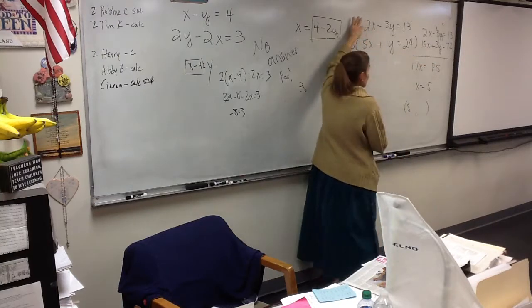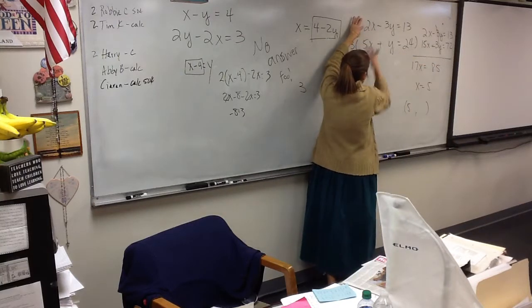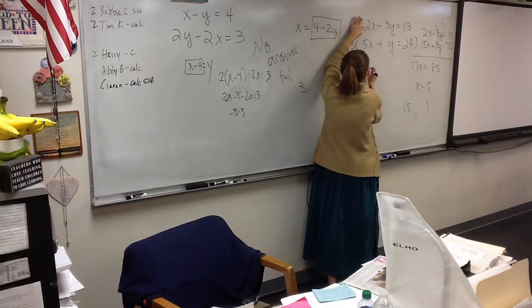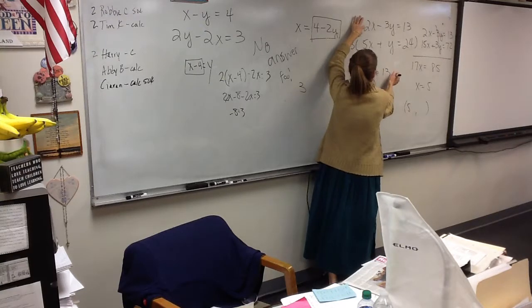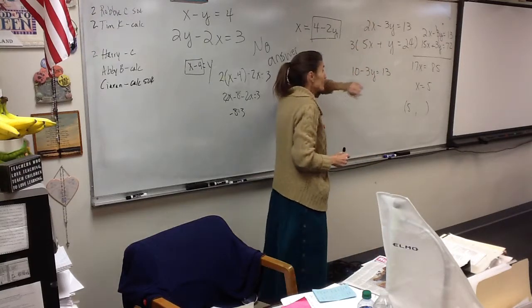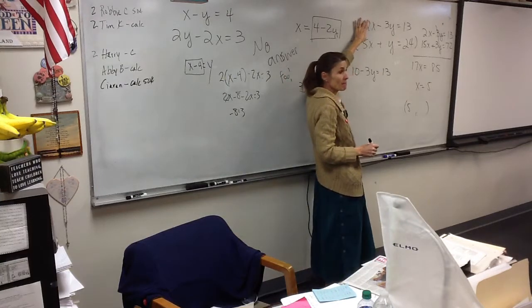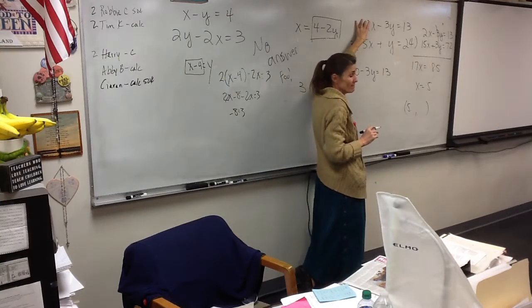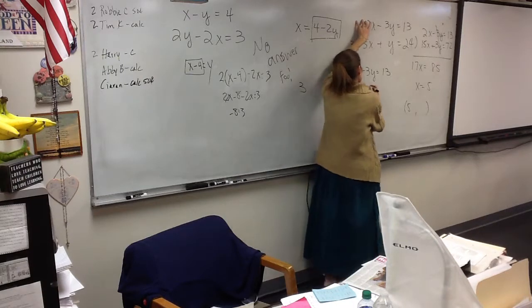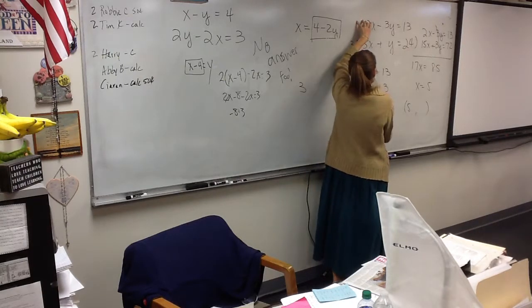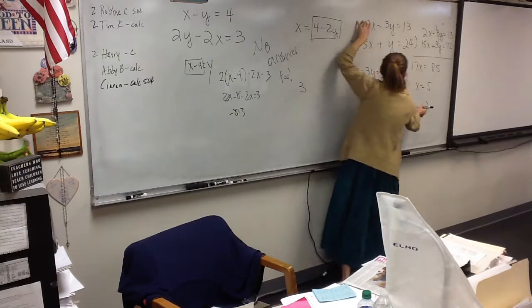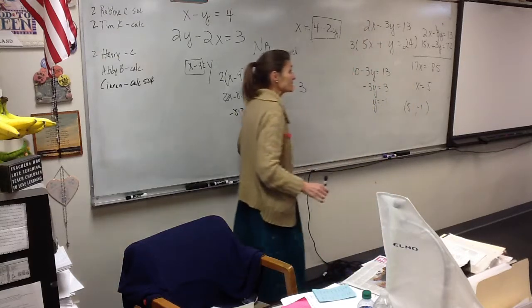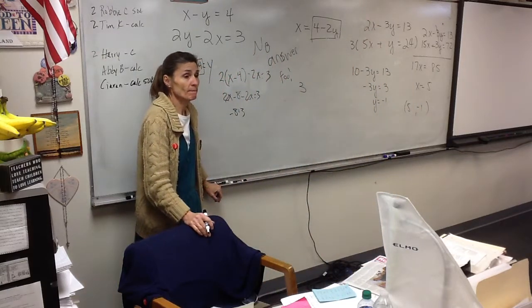So if I just go back to the top equation, if I put in 5, I'll have 10 minus 3y equals 13. So negative 3y equals 3, and y equals negative 1. So your answer is 5 comma negative 1.